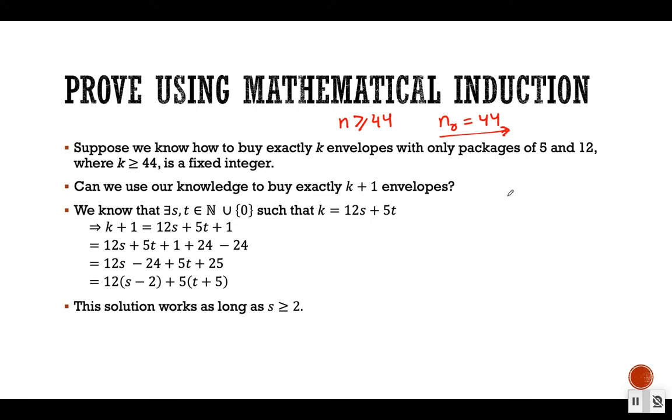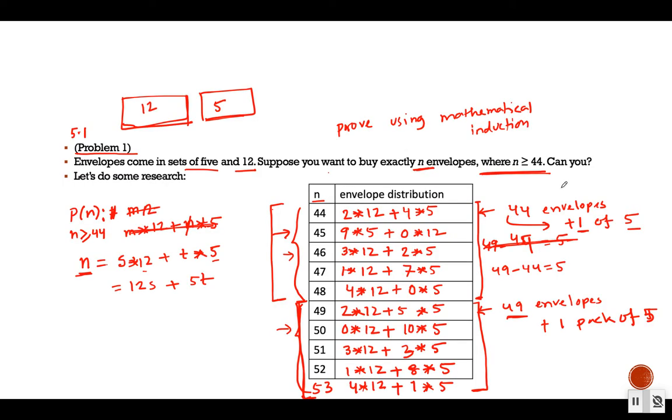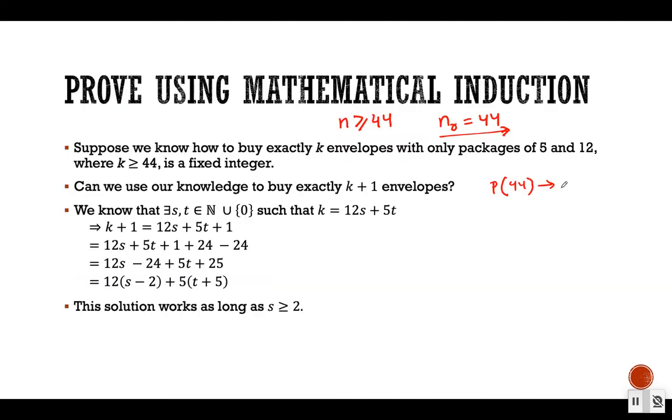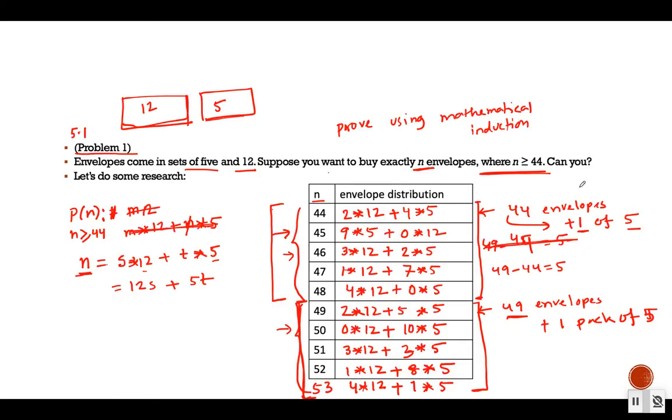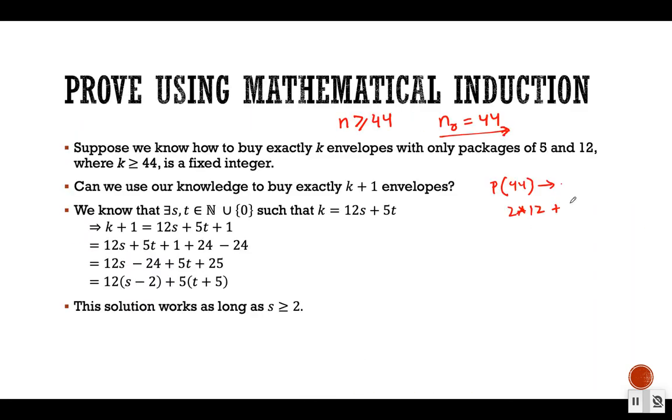Now we can prove that P44 is true, because we saw the combination that we can buy 44 envelopes using 2 times 12 plus 4 boxes of 5 pack: 2 boxes of 12 pack and 4 boxes of 5 pack. So our P of n naught is true.